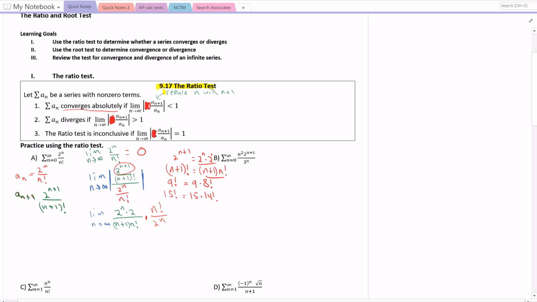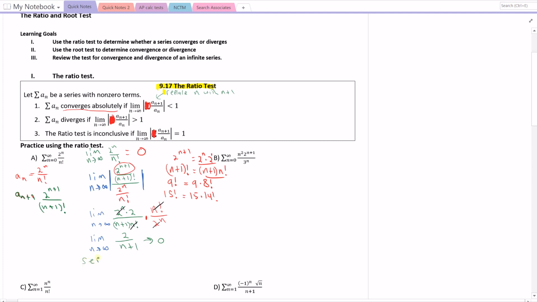In the future, instead of writing the division, I'm going to go ahead and write the reciprocal just to make life easier. Then this n factorial cancels with this n factorial, and this 2 to the n cancels with that 2 to the n. We're left with the limit as n goes to infinity of 2 over n plus 1, which goes to 0, which is less than 1.